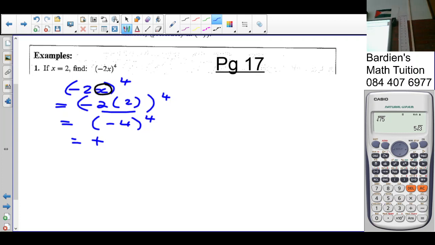Not so? What's 4 times 4? 16. 16 times 4? 64. And then 64 times 4. 4 times 4 is 16, carry 1. 6 times 4 is 24, plus 1 is 25. 256.